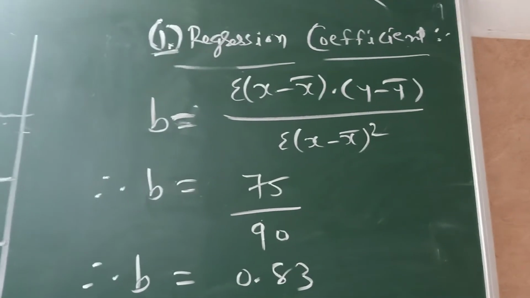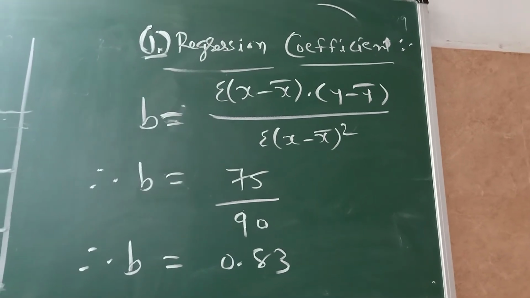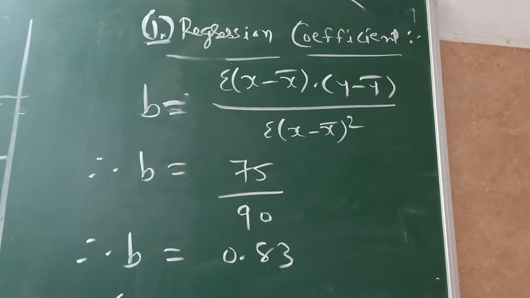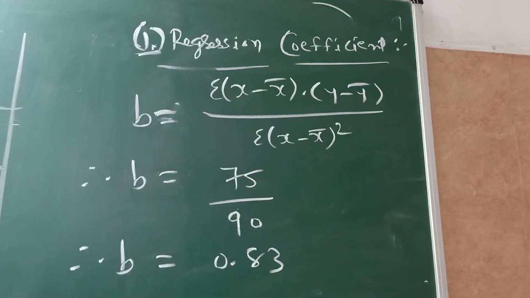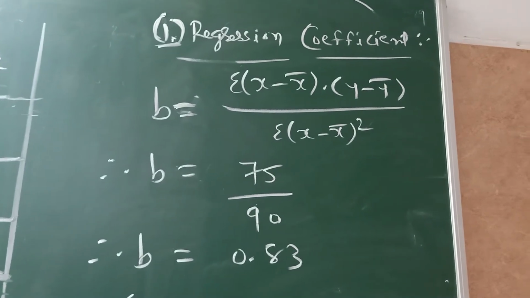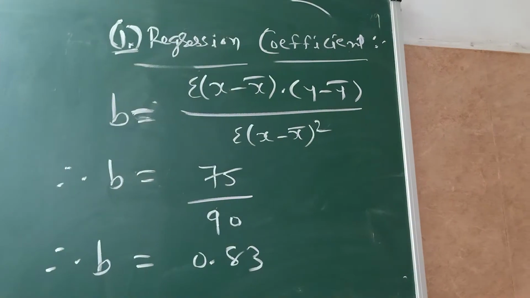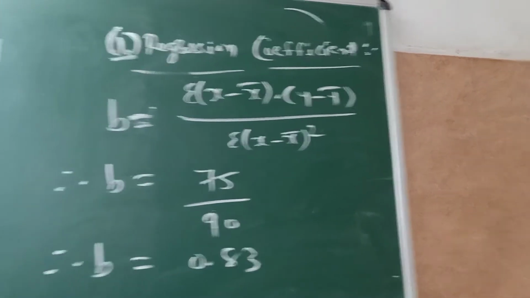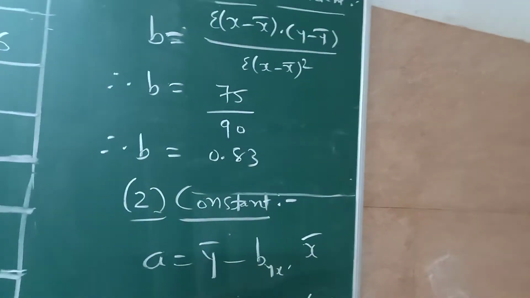Our first step, students, is the regression coefficient, that is b, sigma x minus x bar into y minus y bar upon sigma x minus x bar square. So we got the answer of b, that is 0.83.